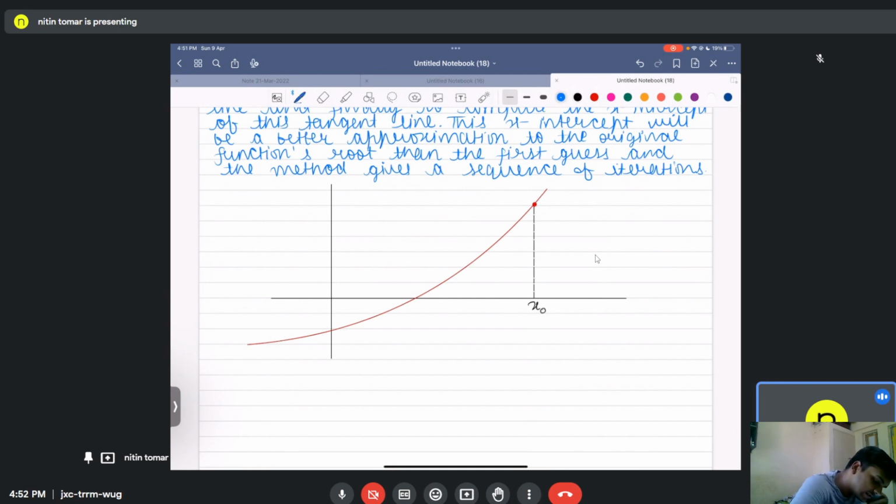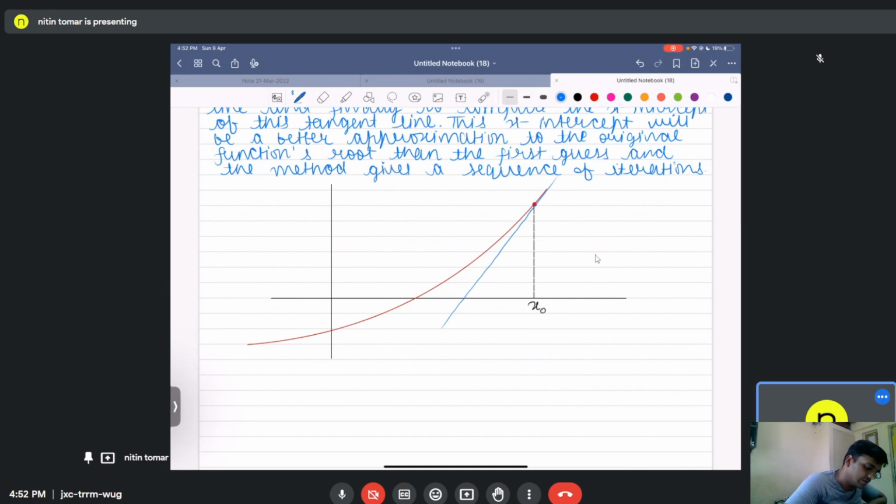So the tangent will be something like this.